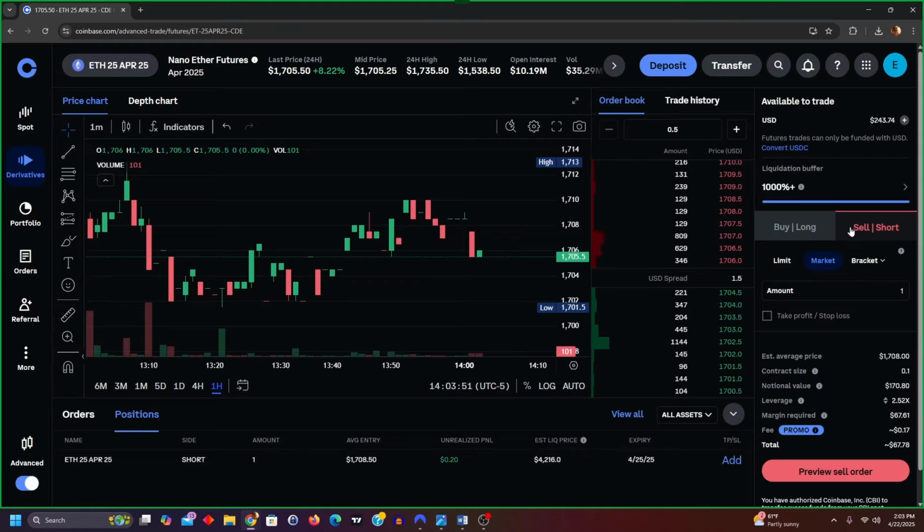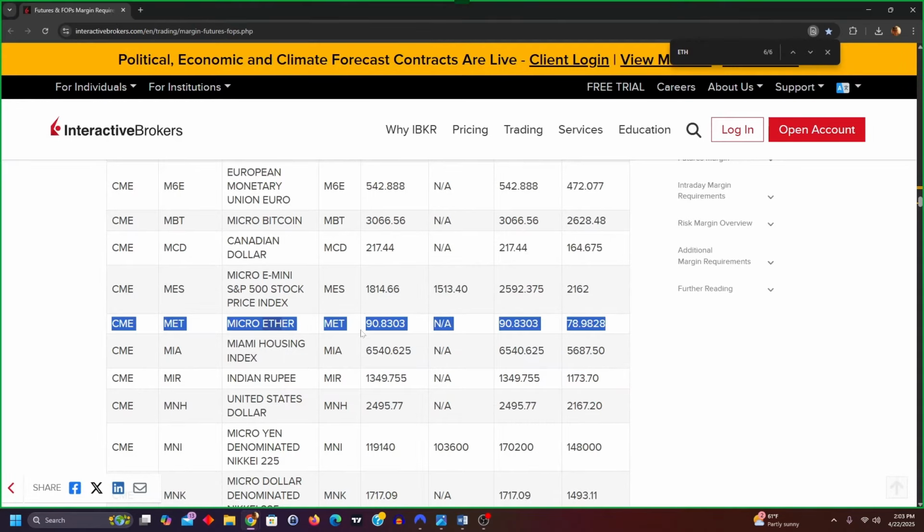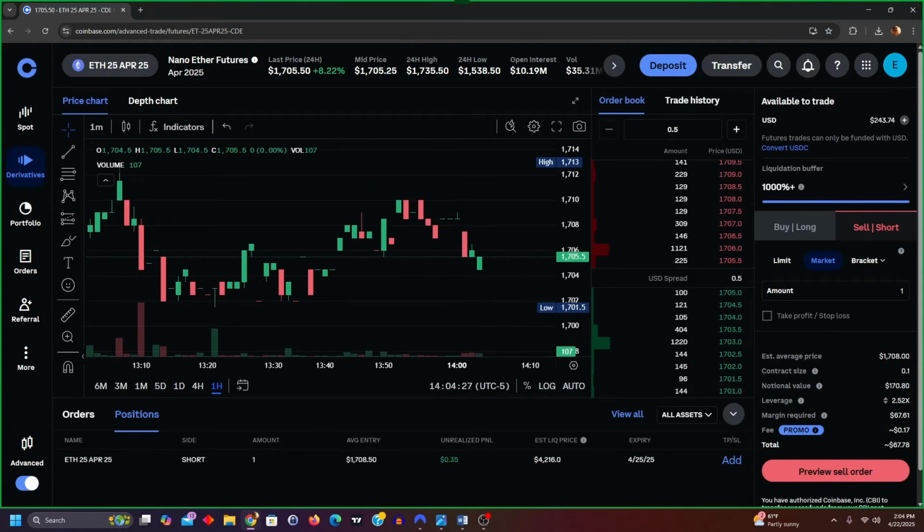Let's take it back. So if I wanted to double down and buy a second contract, we bought this one for about $67, but you compare that with Interactive Brokers, micro ether contracts, you're paying about, and I don't think this even includes the commission, $90, $91 plus if you're holding it beyond intraday stock market hours, that's another $91, so $182 versus Coinbase.